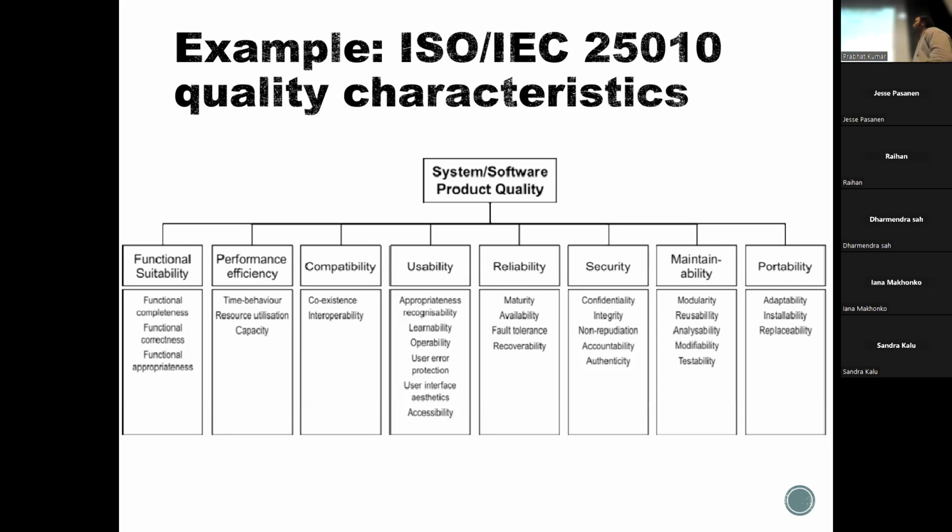The second one is performance efficiency. Performance means the time it is using for doing the computation, the throughput, everything comes under performance. Compatibility: whether the software which you have developed can work with other software in a system, coexistence, interoperability.